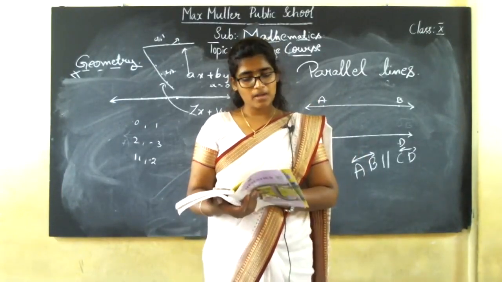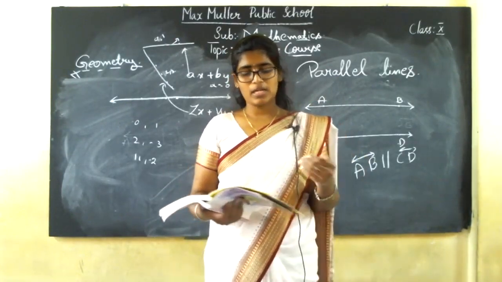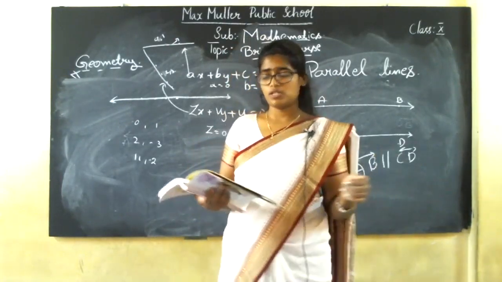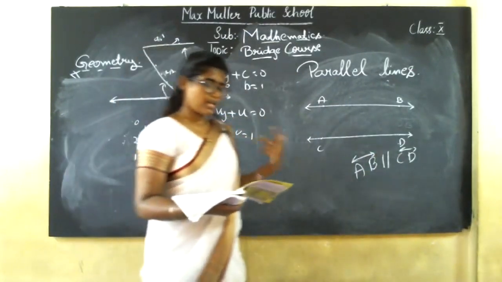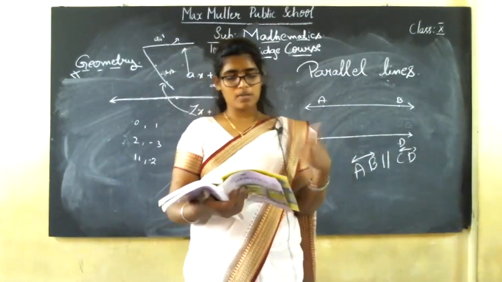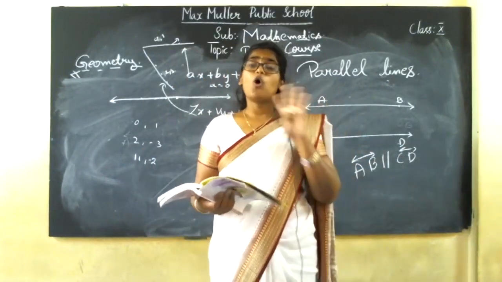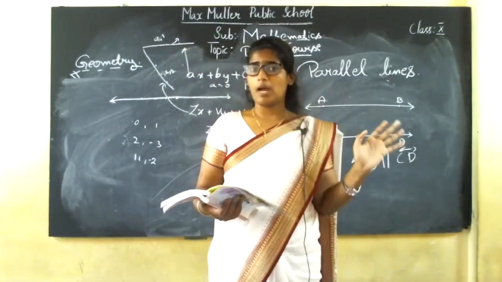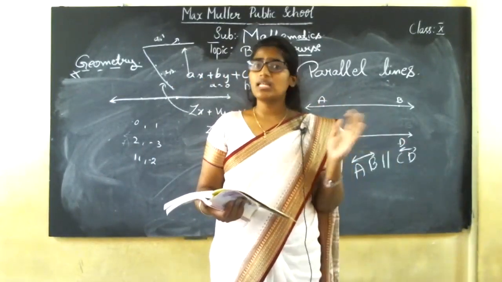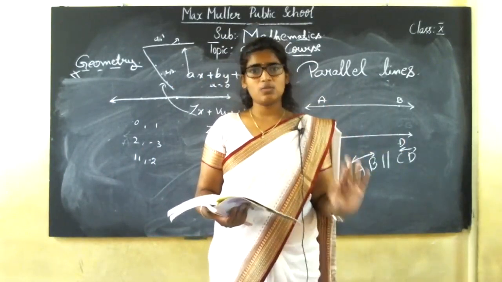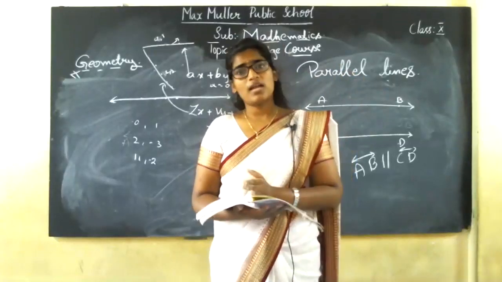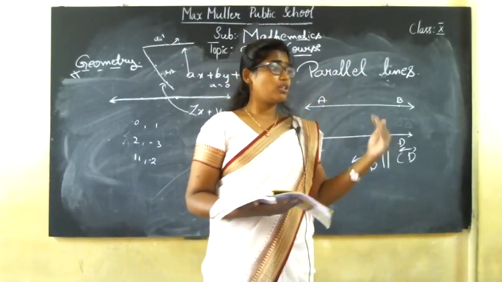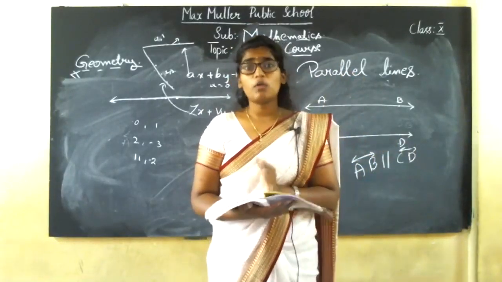Coming to part 2, you will have polynomials, quadratic equations, introduction to trigonometry, applications of trigonometry, statistics, probability, and surface area and volume. Here again two chapters are removed, polynomials and probability. So only 4 chapters out of 15 have been removed, and all the other 11 chapters are there as in the textbook. We are going to cover those 11 chapters and wait for the government's announcement.